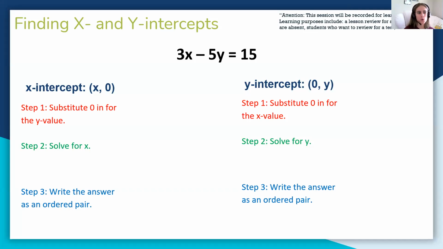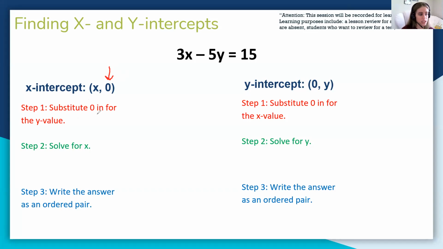Once again, we are asked to find the x and y intercepts given the equation of the line 3x minus 5y equals 15. Let's start with our x-intercept first. With our x-intercept, remember the definition, what makes it an x-intercept is that your y value is and always will be 0.